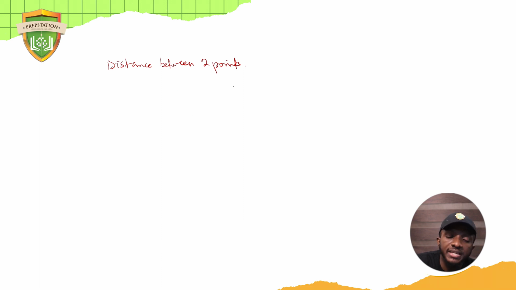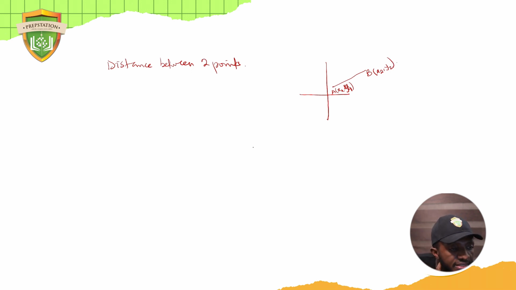Let's say we have points A, B. Now, there will not be enough time to start explaining that. So if you have 2 points on the graph, let's say this is point A with coordinates x1, y1, sorry. And then this is B, x2, y2.